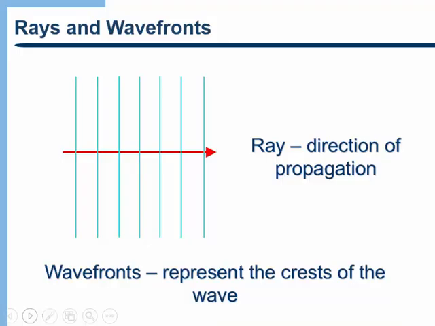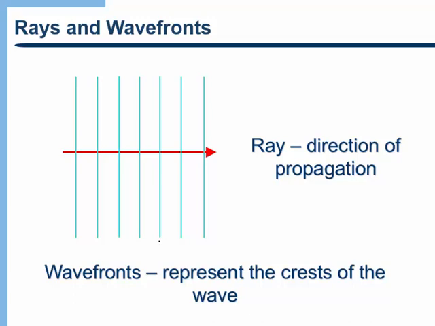Let's start by reviewing the last slide in the last video, and that is the idea of rays and wavefronts. If we have a wave moving to the right, we would represent that with a ray pointed to the right. But what this is really representing is a more complex thing, which is this wave. Remember that the wavefronts represent the crests of this three-dimensional wave.